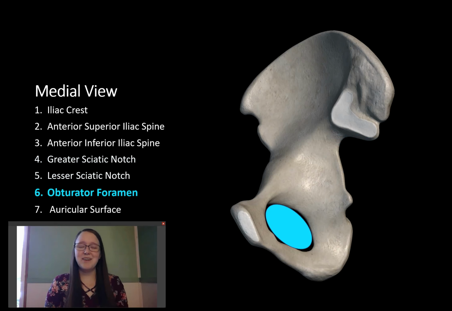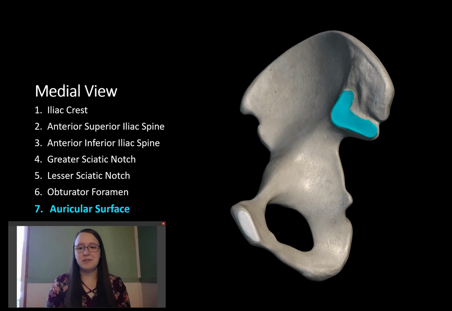An odd way of remembering it on quizzes is if you were to take the coxal bone, which is kind of rounded, and put it to your face like a phone and talk to an operator to talk to your foreman, you're talking into the obturator foramen. It's just an odd way of remembering it. And then going back up to the posterior side of the coxal bone, you have the auricular surface, which is a flattened ridge.